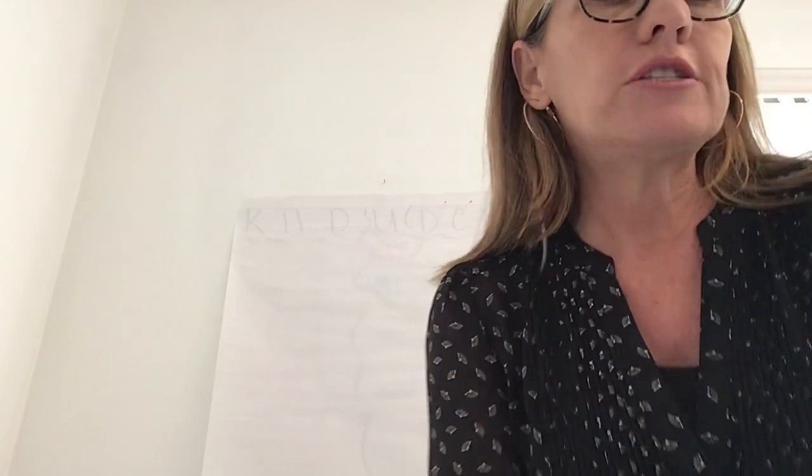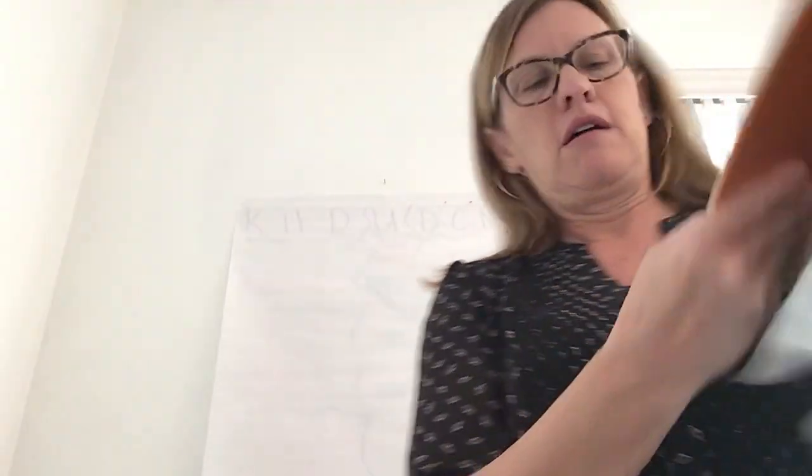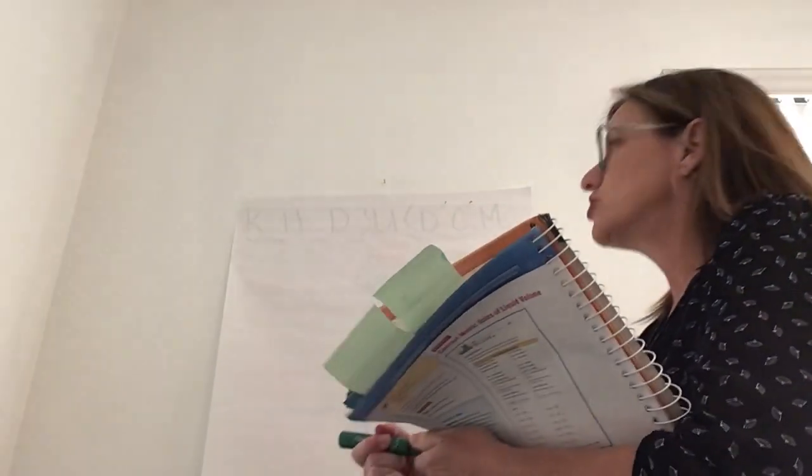So let's look at number 13 on page 270. It says, Morgan's juice glass holds 225 milliliters. Now, when I do these, I always underline or write down the information that's given to me.